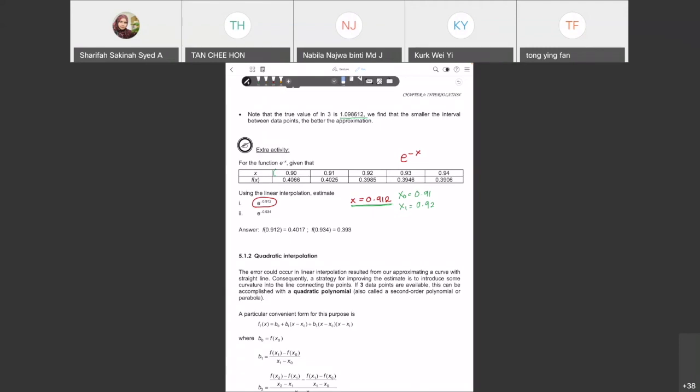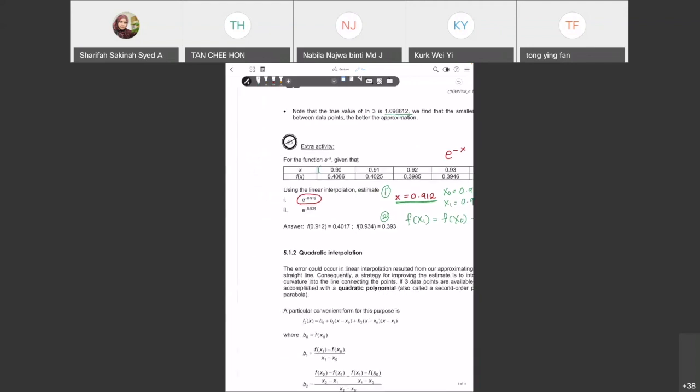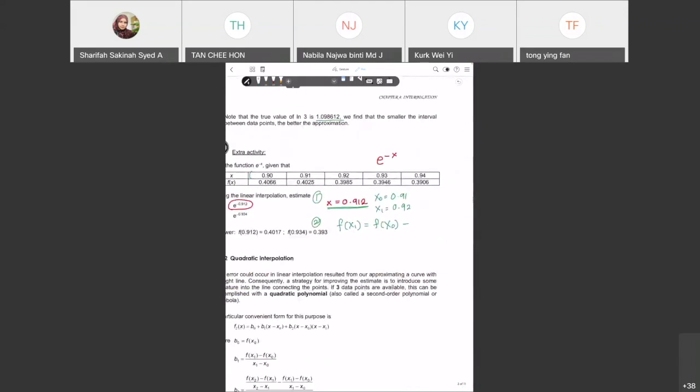After you have your interval, it's the first step. Second step, use your formula. So what is the formula? So f(x) equal f(x0) plus (f(x1) minus f(x0)) over (x1 minus x0) times (x minus x0).